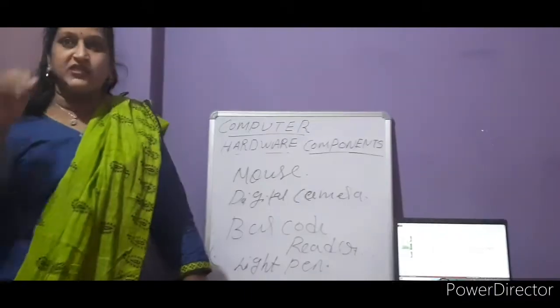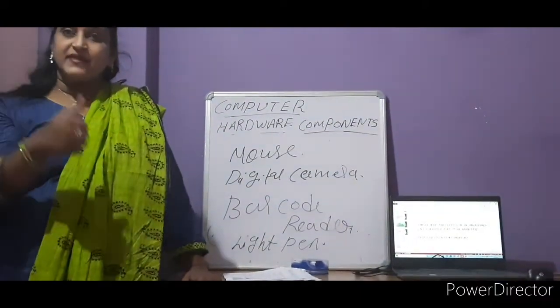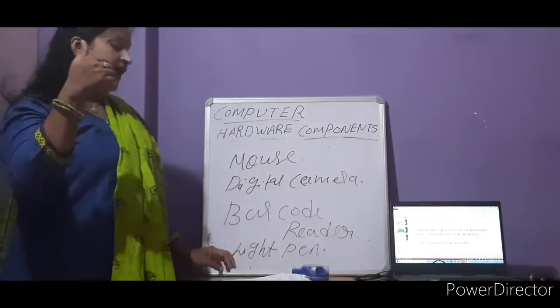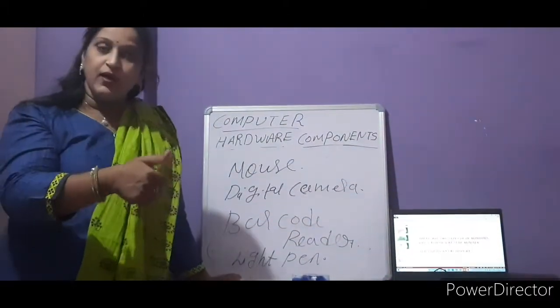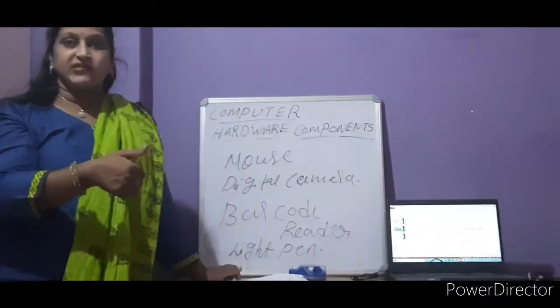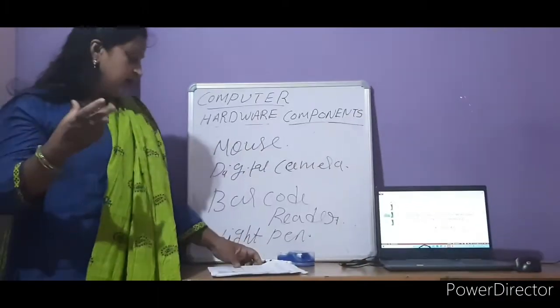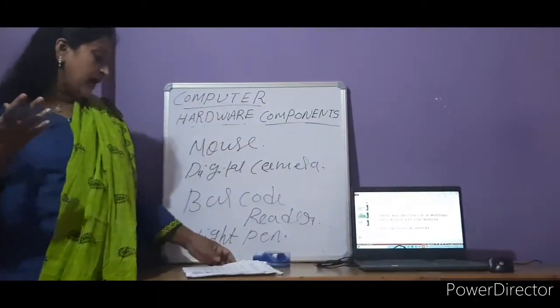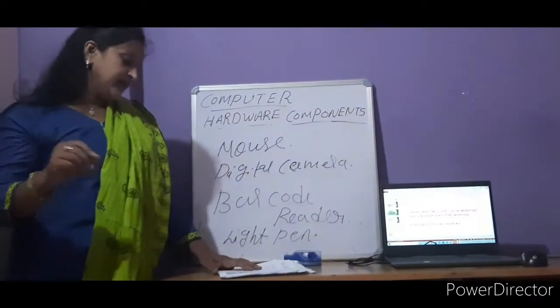When they show it to the price label, some sound comes, and then it reads the price of the items automatically. This device can read the barcode on the printed product.